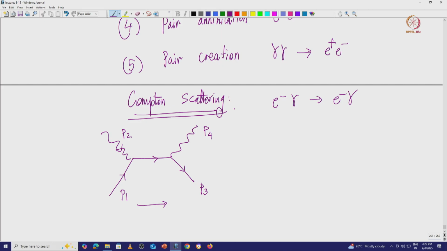Okay, this is time. Now, photons can be exchanged in this direction, there is nothing problematic with them. So, in this case you can have the vertex, and this is called an S channel diagram.